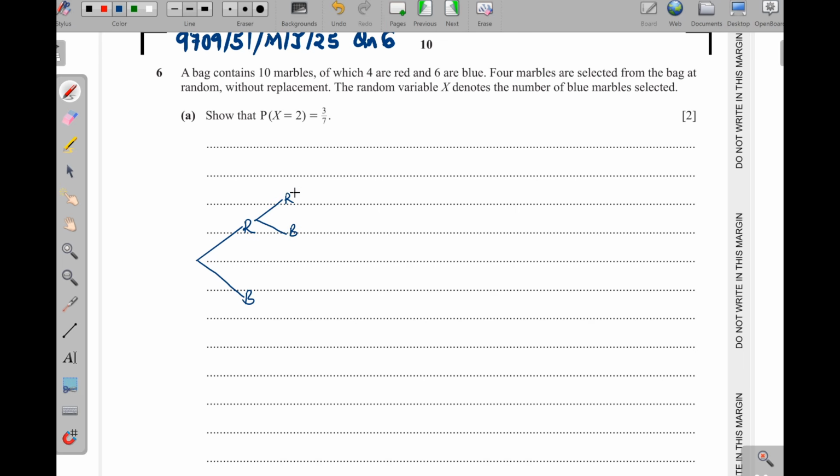Red, blue. Red, blue. Red, blue. Those are 4. Even here, red, blue.